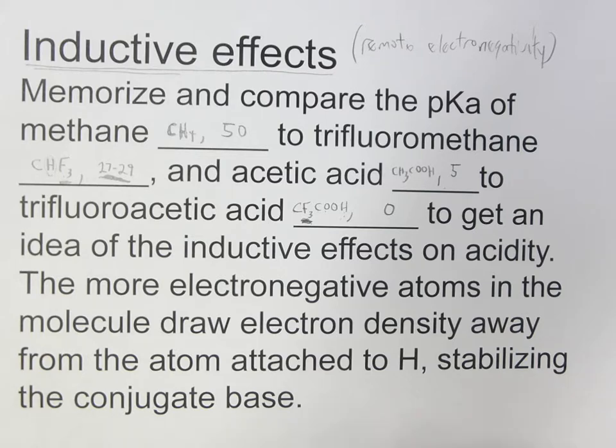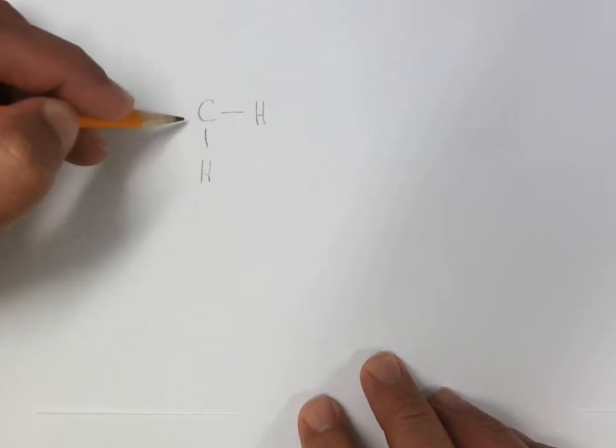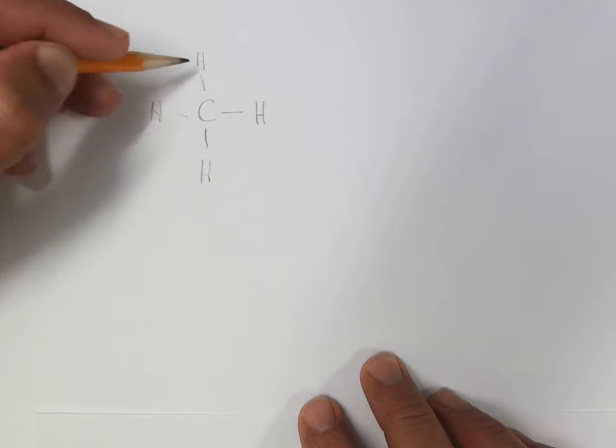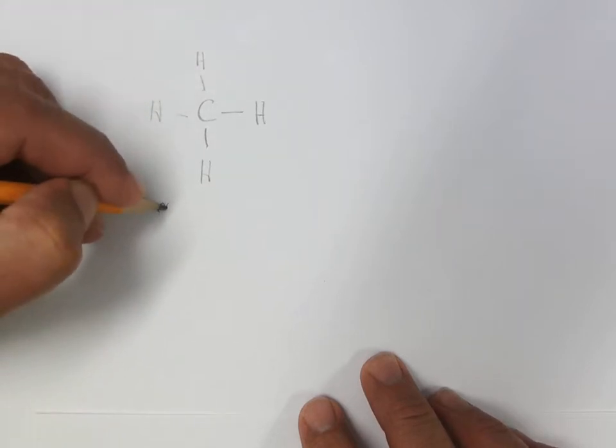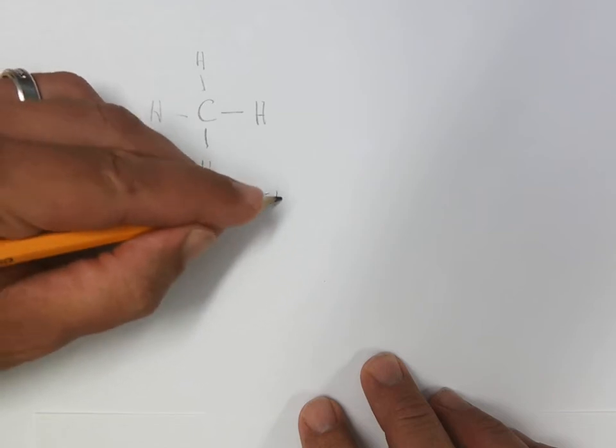So let me draw the structures of these guys I've been comparing. Carbon attached to hydrogen with 3 other hydrogens is methane, which has a pKa of about 50.